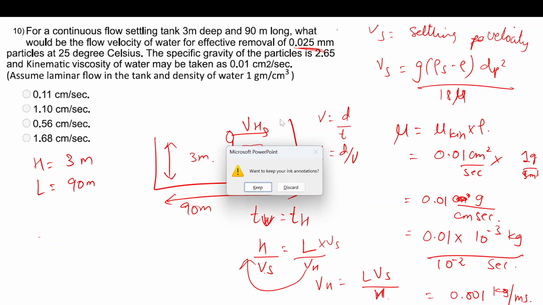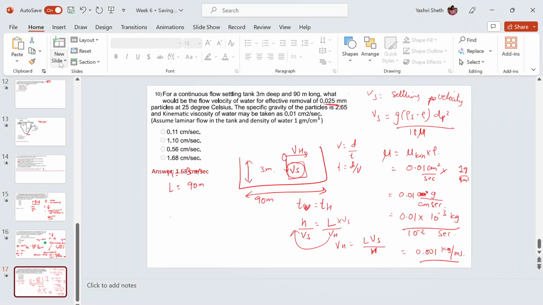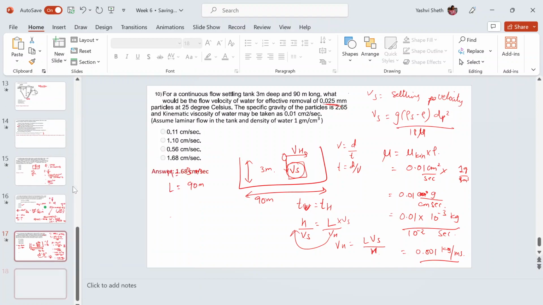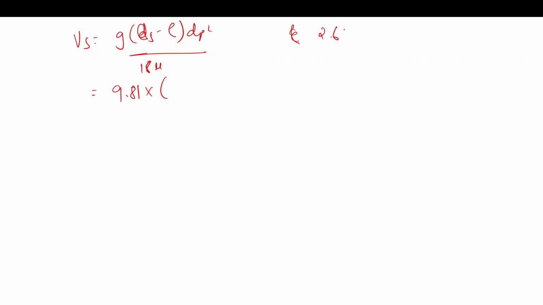Now, let me take a new slide. Here, to calculate Vs, everything is given to you now. It is (rho s minus rho) dp square by 18 mu. If you put in the values, g is 9.81. Rho s is given in the form of specific gravity, which is 2.65.